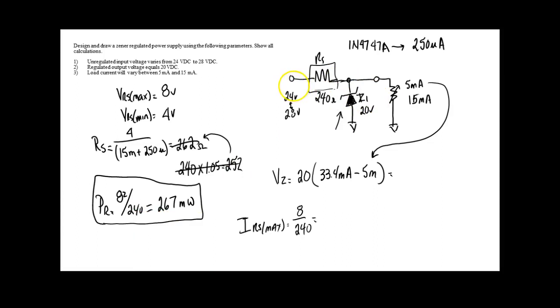I'm going to draw positive. So if my unregulated is coming up here, then this is one path for current, and this is one path for current. So all the current in the circuit flows through RS. So if I can calculate the maximum current flowing through the RS, then I can calculate the maximum current flow in the circuit. So that's what we did right here.